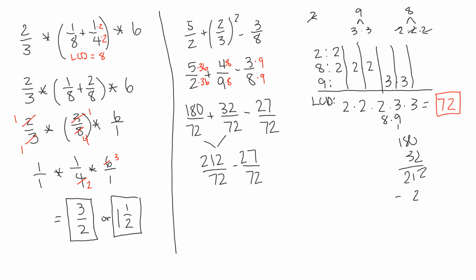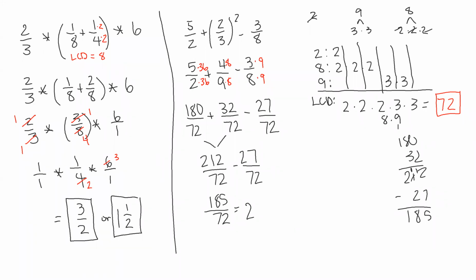And again, you can do some side work if you want to. All right, and you get 185. So now we have 185 over 72. The first thing I would do is try to convert this to a mixed number and then reduce. So let's see, 72 will go into 185 two times. 2 times 72 is 144.